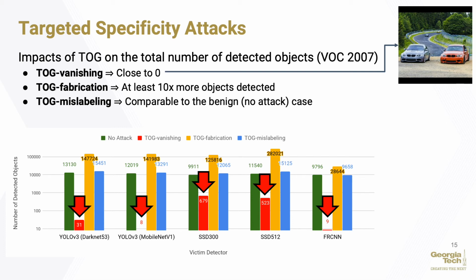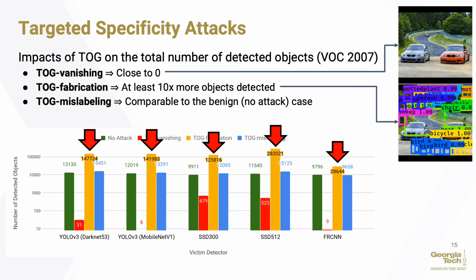For example, the YOLO v3 detector with a MobileNet architecture can only detect 8 objects from those 5,000 images. And TOG fabrication attacks can effectively fool the victim to return 10 times more objects, meaning that a large number of false objects are mistakenly recognized.